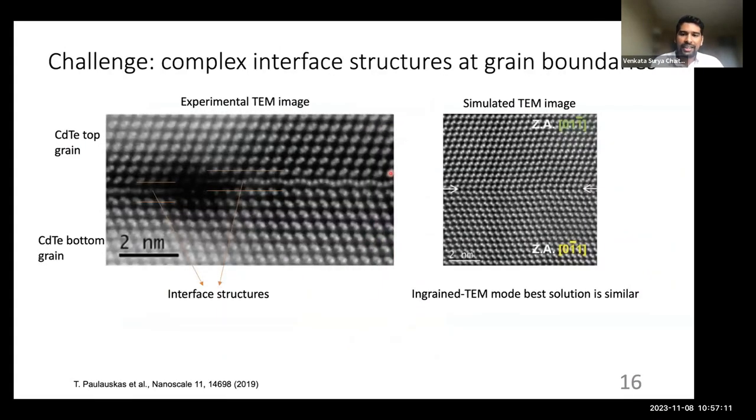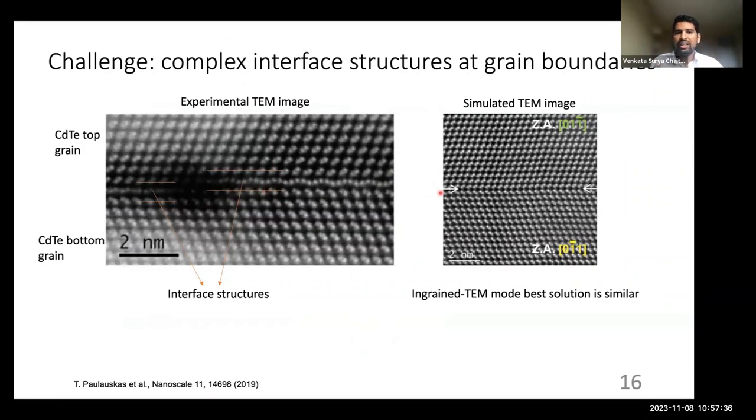So now the next challenge we have is that in most cases in the grain boundary STEM images, we find that the interface structure is not exactly similar to either of the grains. So here we have this zigzag snake-like pattern in the interface, which we know is tellurene.